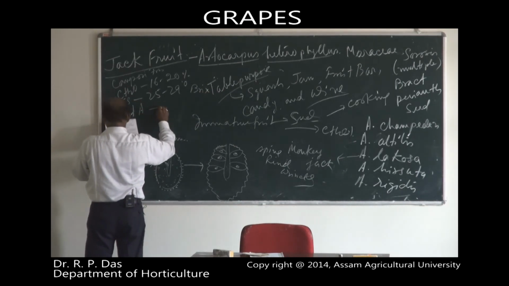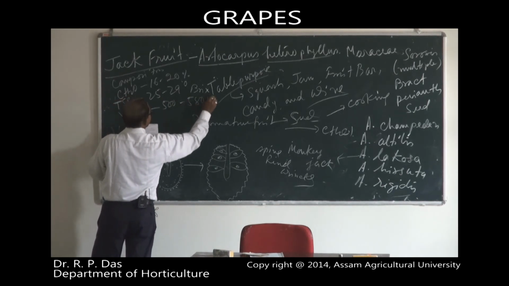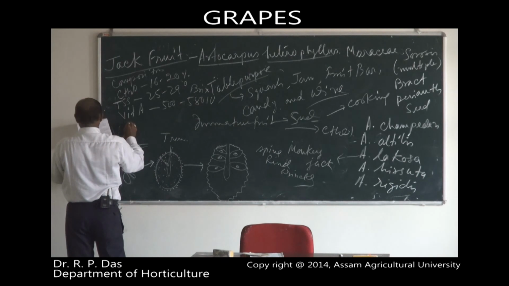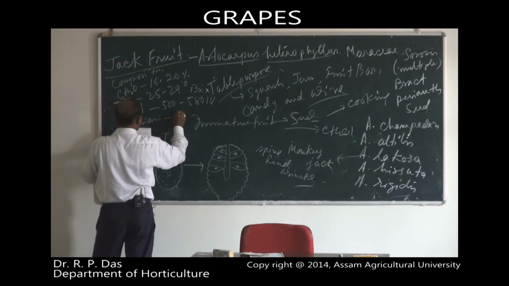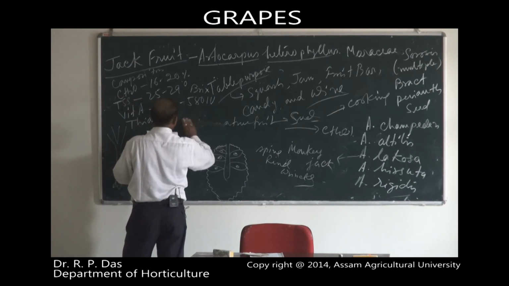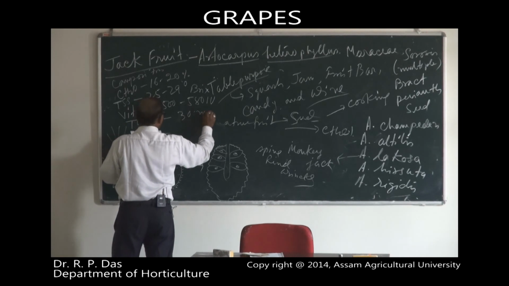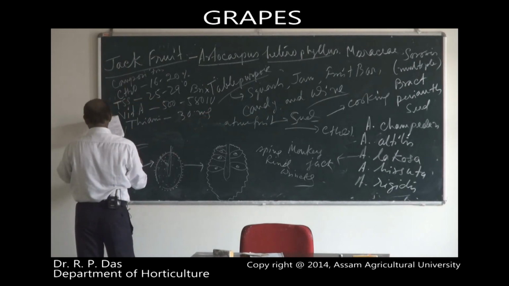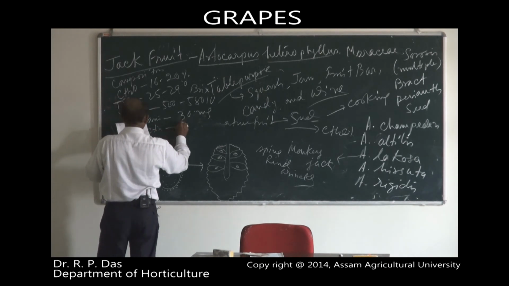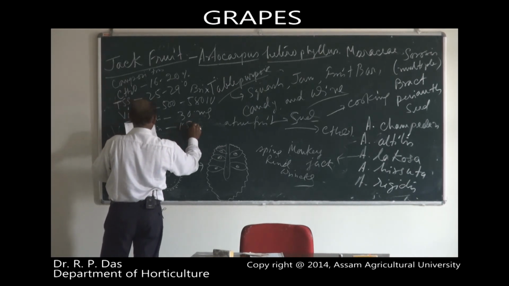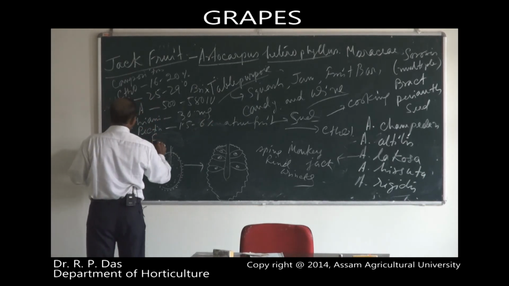Vitamin A, it is 500 to 580 international units. Thiamine content, that is one of the vitamin B complex, is 30 milligram per 100 gram of the pulp. Then pectin content 1.5 to 6%.